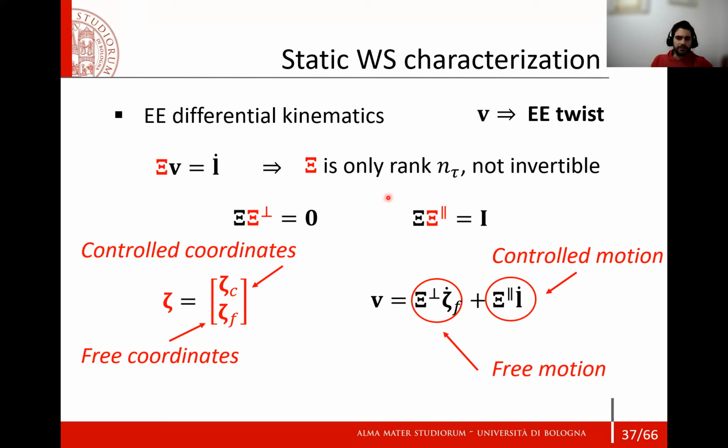If we partition the robot coordinates into controlled ones, which vary because of the cable length change, and free ones, which may vary regardless of the cable length change, we may analytically compute two special matrices, which are a right null space and a right inverse of the robot Jacobian, and express the end effector twist as a linear combination of the free end effector coordinates and the cable length changes.